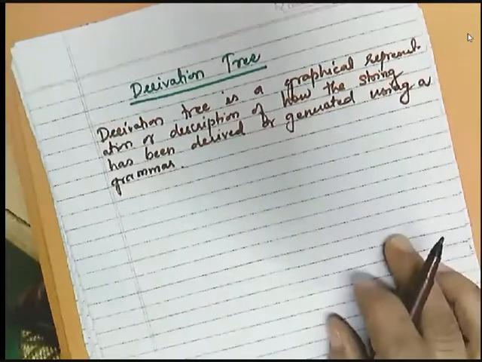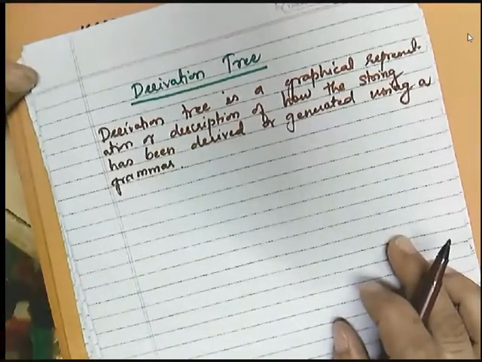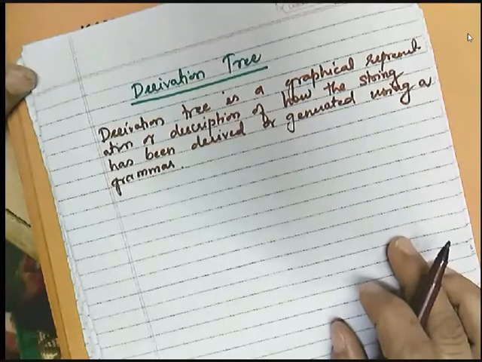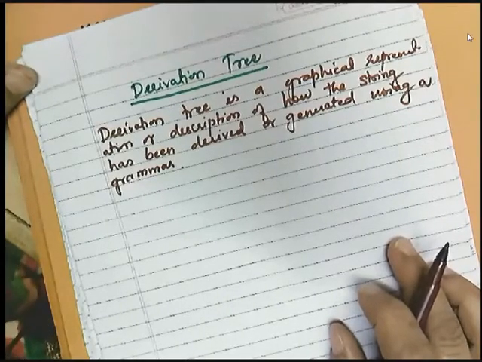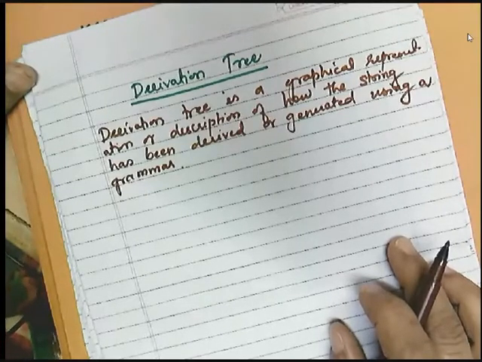Okay, so for every string derivable from the start symbol, we can have the derivation tree for that particular grammar.